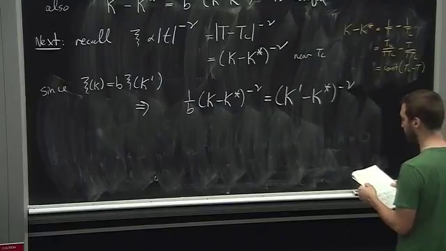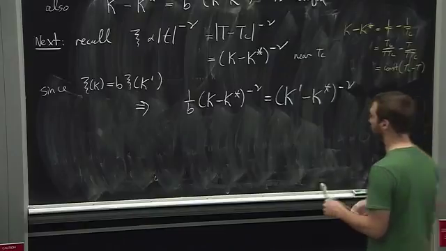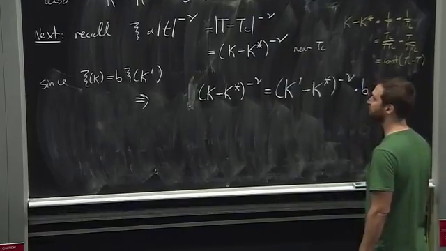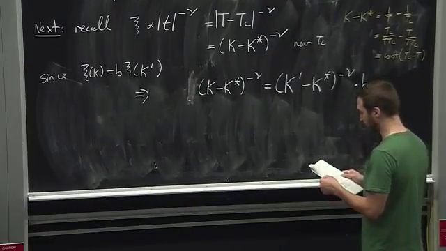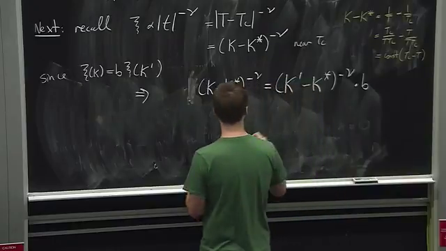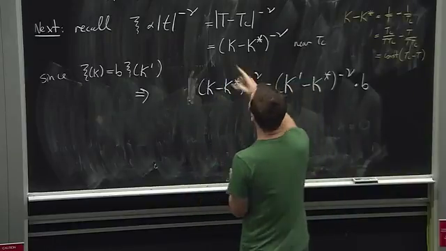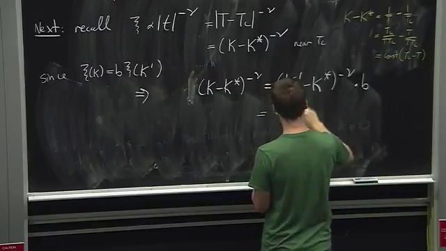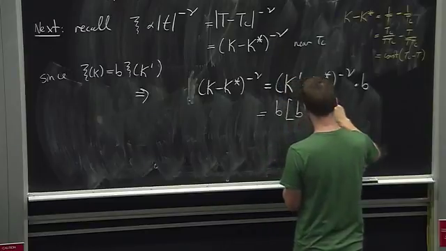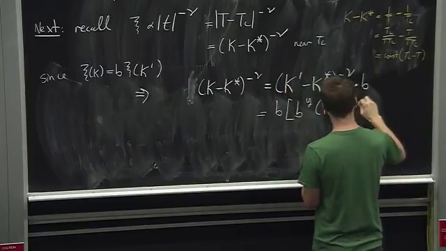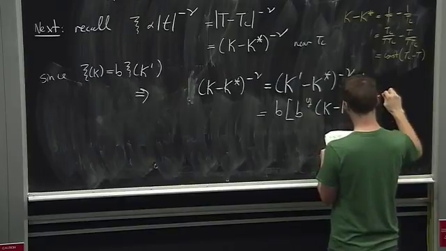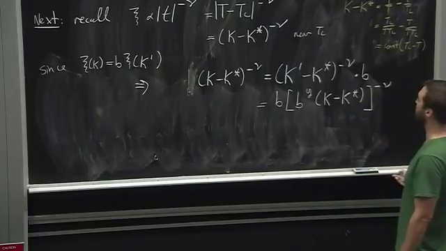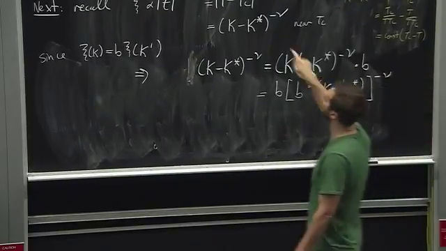So K minus K star to the minus nu. Right. Oh yeah, I just wrote it here. So let me put b on this side here. Okay, so that's just rewriting the correlation length. But the right-hand side here is 1 over b. So now I can use that equation. So it's actually b times b to the y, K minus K star, everything in square brackets to the minus nu, right? That's just relating here to here.